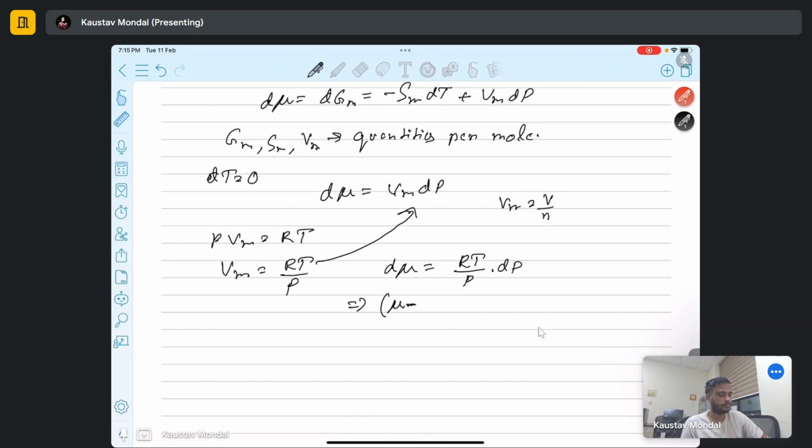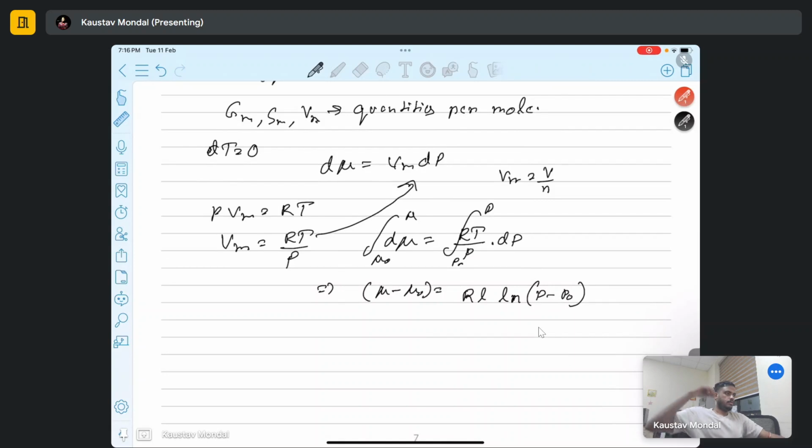Mu minus mu 0, integrating mu 0 to mu and P0 to P, gives you RT times the integral of dP by P, which gives natural log, so RT ln P minus ln P0. Okay, so ln, you can write it like P by P0.